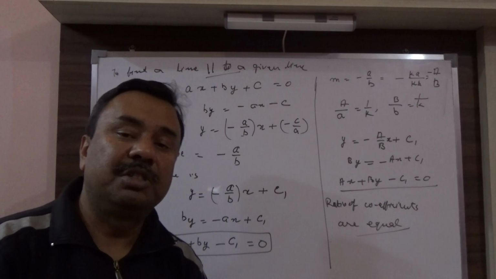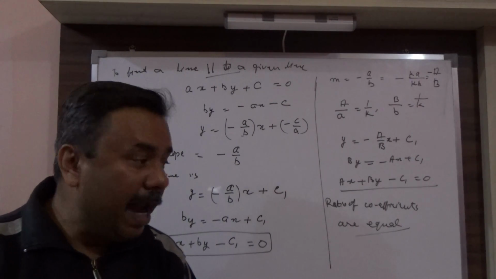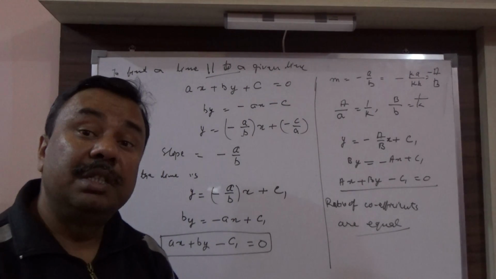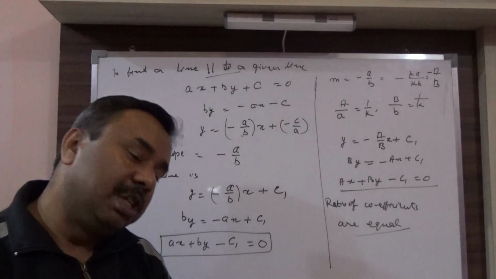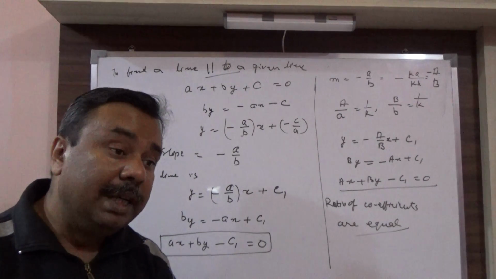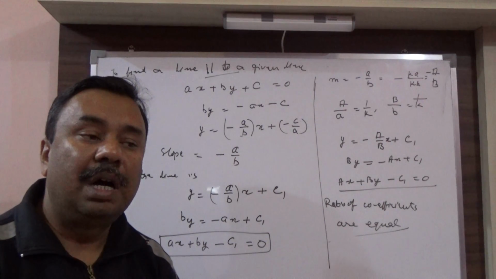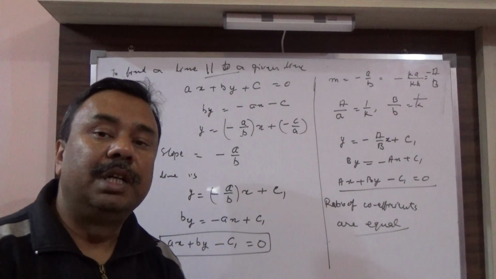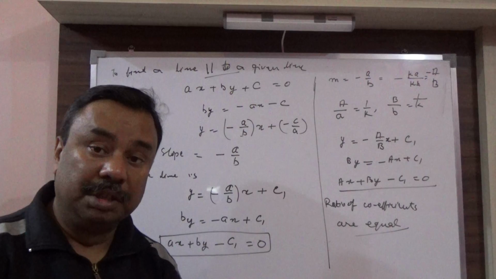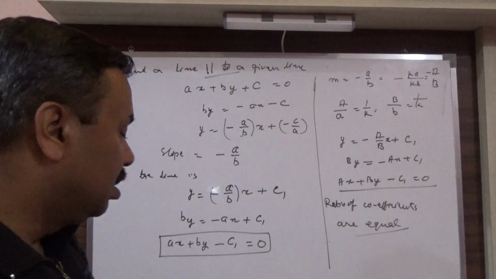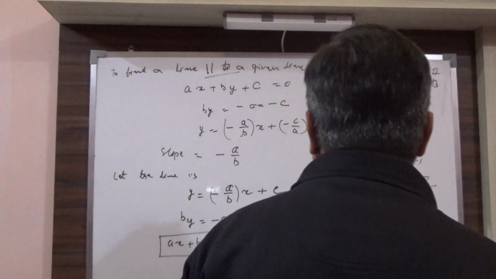And if all three are in the same ratio, with the constant term also in the same ratio, then the two lines are coincident, that is they coincide with each other. So that is the thing for parallel lines.